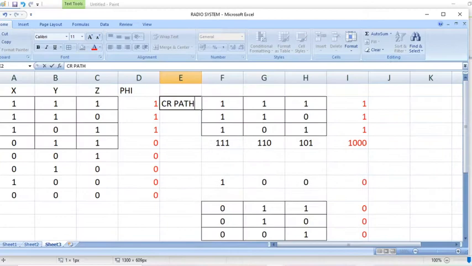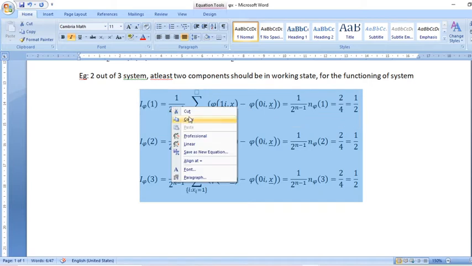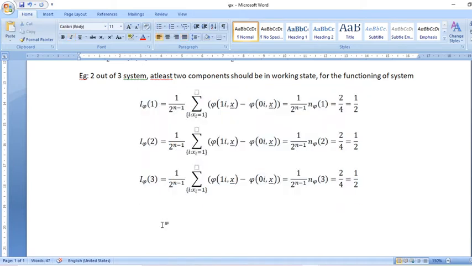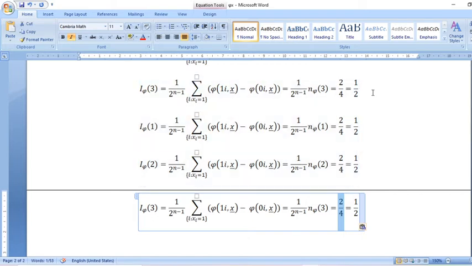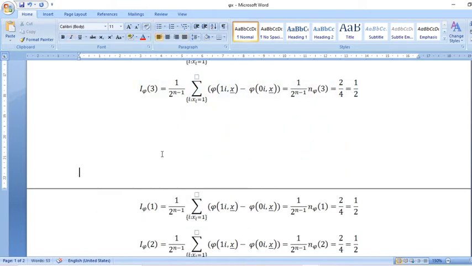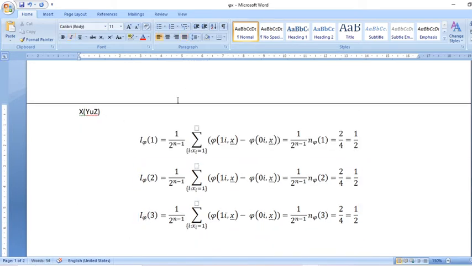Yes, that is the number of critical vectors. That is 3 by 4.